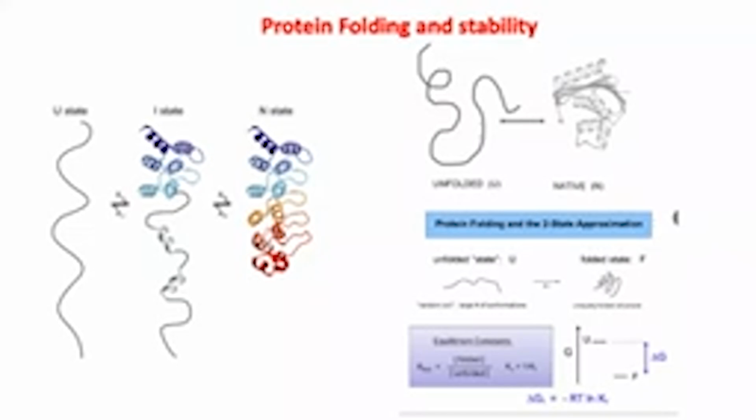So let me tell you the traditional viewpoint. The traditional viewpoint is the viewpoint from about 10, 15 years ago. The traditional viewpoint is that proteins are made as unfolded states and they need to function as folded states. And the only way to go to the native state is to go through partially folded states. So partially folded states do not need to have any function.